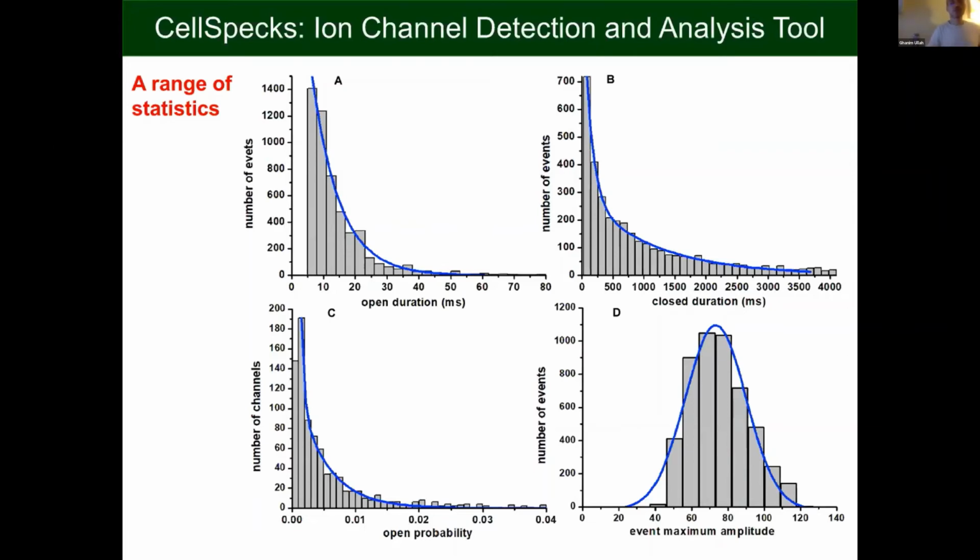For example, if you are interested in the distribution of open duration, the time for which the pores are open, it will give you that distribution, the time for which the pores are closed, the open probability, which is the relative time, the time for which the pores are open divided by the total time of the experiment, and then the maximum flux, which is the amount of calcium coming in through these pores. You can get that information for each pore and then automatically generate these histograms.